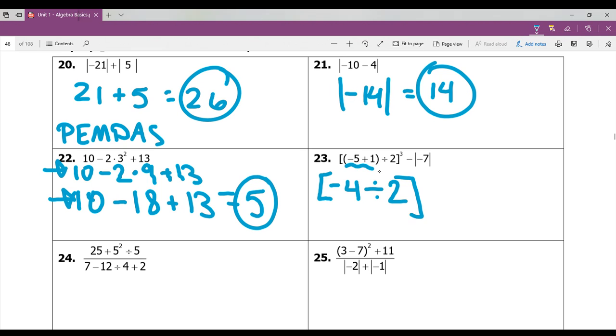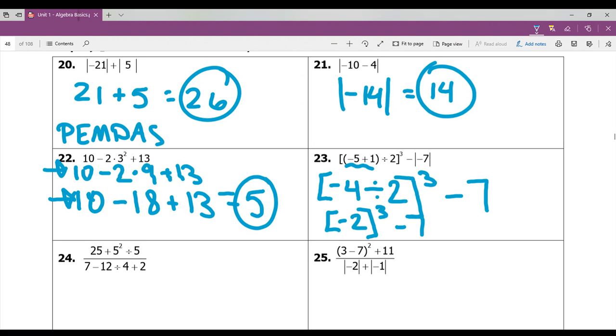And we got divide 2 cubed minus, and I'm going to go ahead and do that absolute value just because I know it's 7. Negative 4 divide 2, that's going to be negative 2. Minus 7.